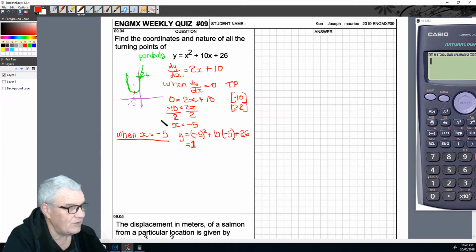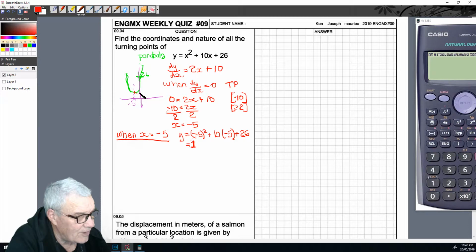You've got the calculator there to do it. So that means that that point there is 1. So the coordinates, and remember we need coordinates of the TP, x is -5 and y is 1.